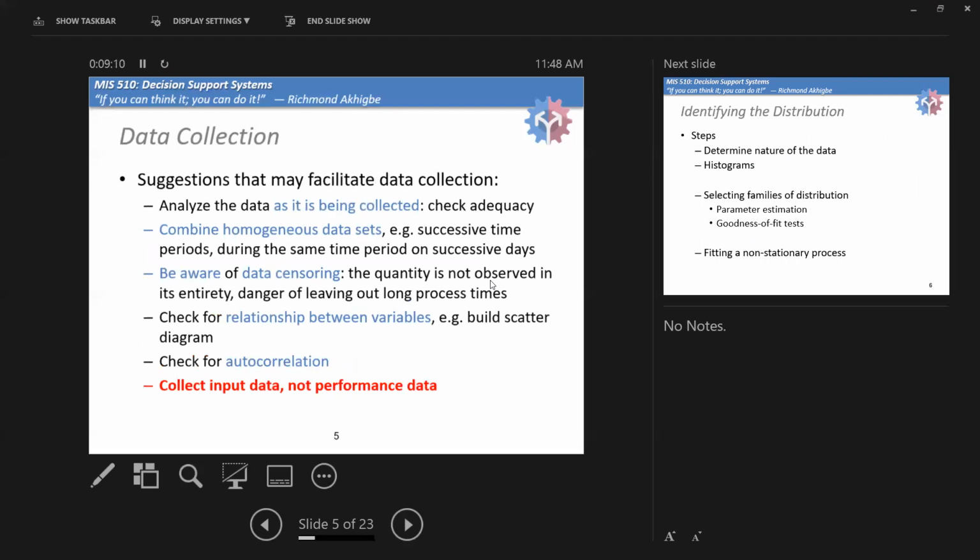Here are a few things that will help ensure that the quality of data you collected is of appropriate level. Analyze the data as it is being collected. Check for its adequacy. What does it mean? So I'm recording the number, and let's say 5 people turned up, but I quickly wrote 50 instead of 5.